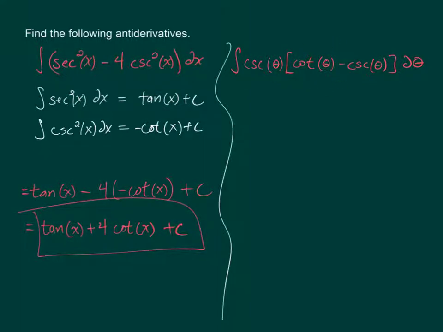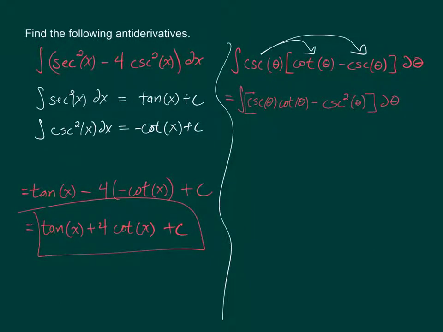However, if you distribute the cosecant to both terms on the inside, you'll see that this antiderivative will equal cosecant theta cotangent theta minus cosecant squared theta d theta.